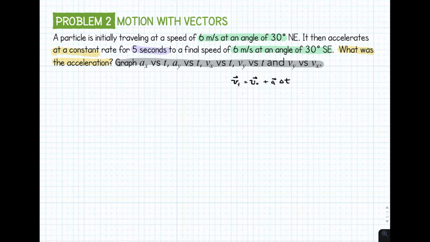So we'll start with just a picture of what the vectors look like. So this would be our Vy direction, and this would be our Vx direction. These are both in meters per second.